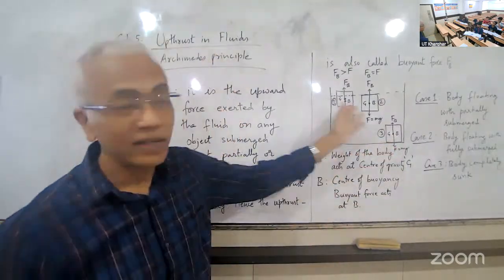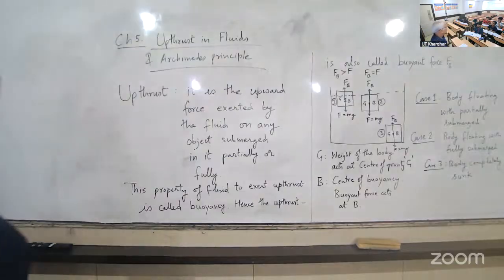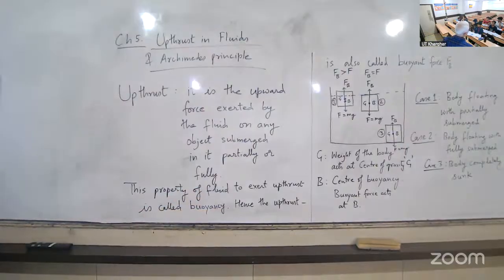So are these three the same bodies or different bodies? Different bodies. It has to be different bodies. The liquid is the same. In the second, you said that the buoyant force and the gravitational force are both equal. Equal, that is why it is floating.